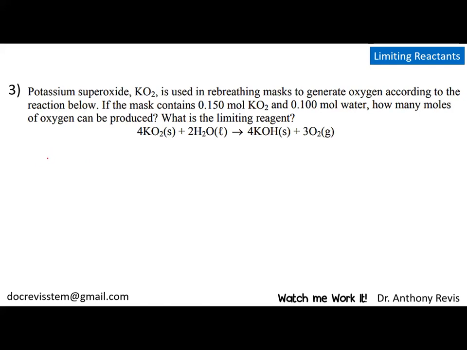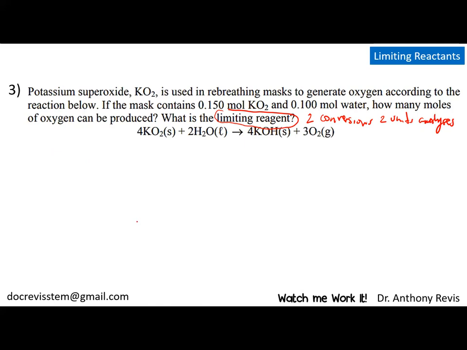Let's do it. To do a limiting reactant, as soon as you know you're looking for the limiting reactant, you want to think two conversions, two dimensional analyses, two unit analyses.